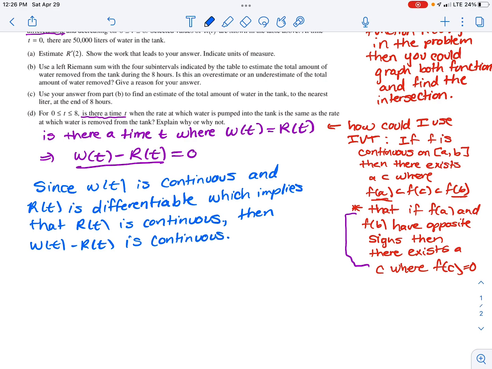Okay, so the first condition of using IVT or any of the theorems is met, right? Because we know that these two things are continuous, and when I subtract them, it's continuous.